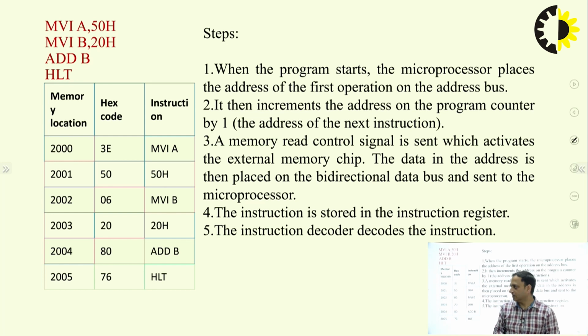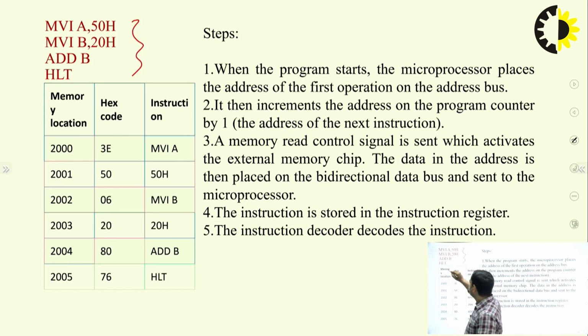So the example here is mentioned in a simplified manner. I will explain this: MVI A, 50H; MVI B, 20H; ADD B; and HALT. This is the main program which we have. So what is the significance of this? MVI means move immediate. So 50 is the operand, and it is stored into the accumulator.